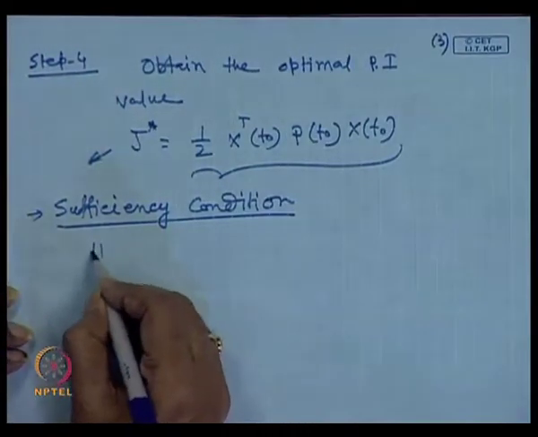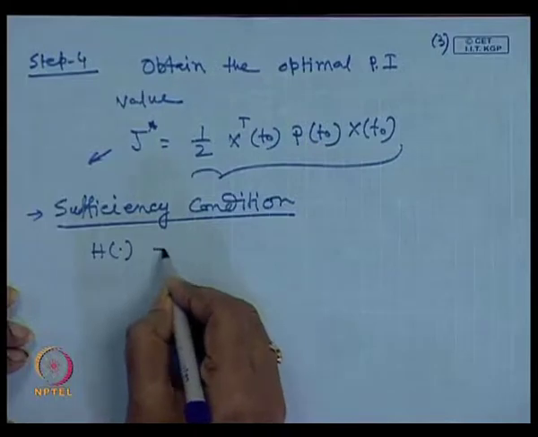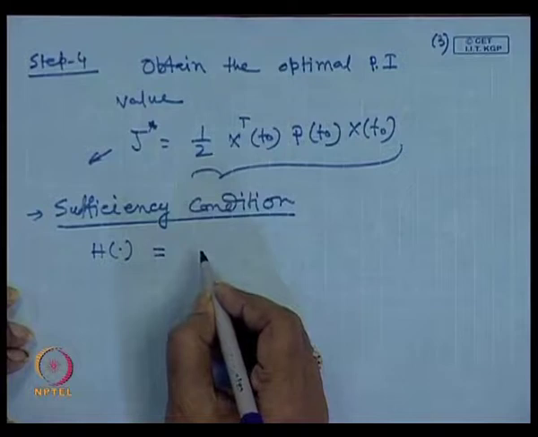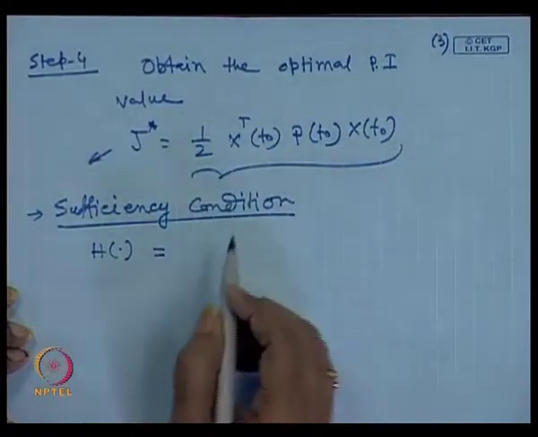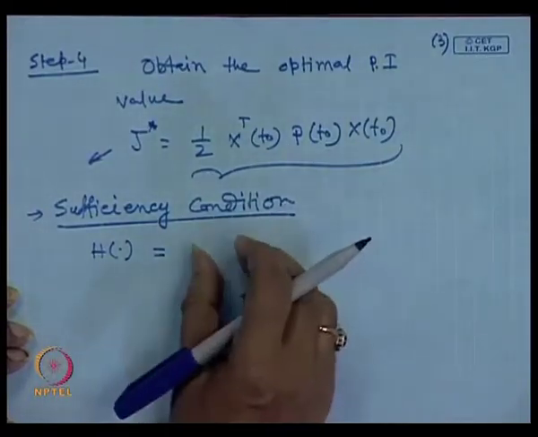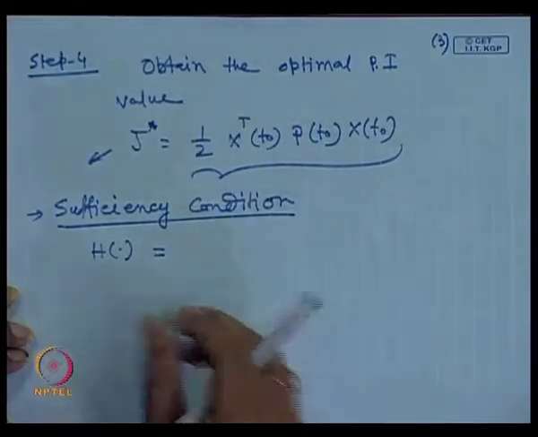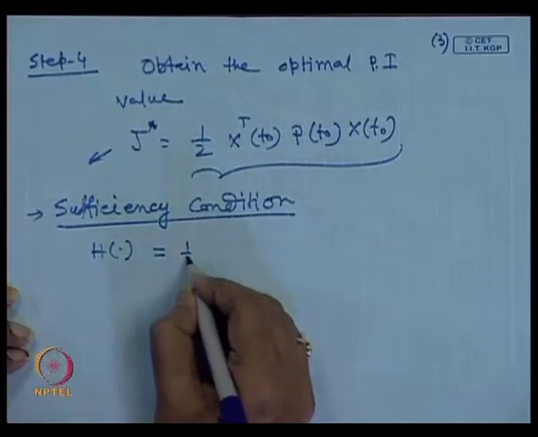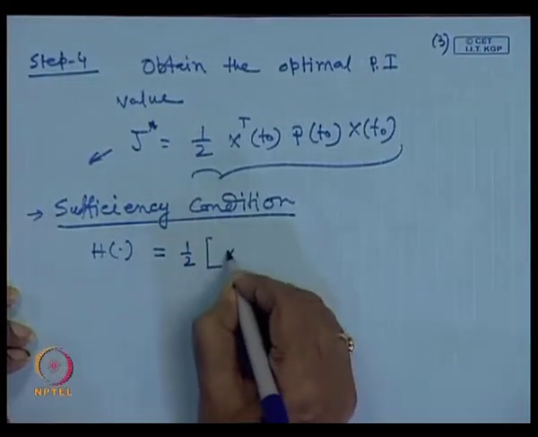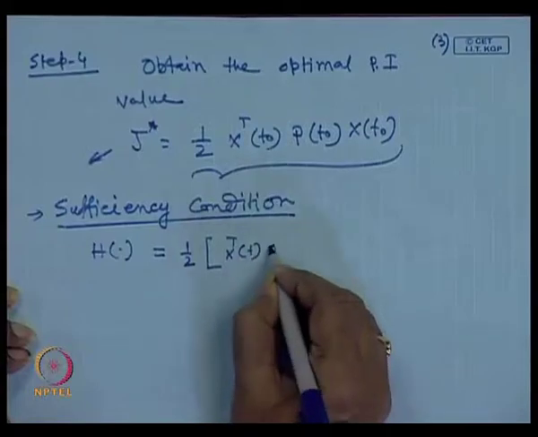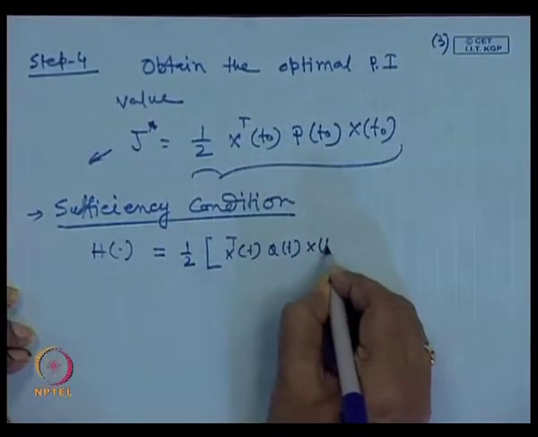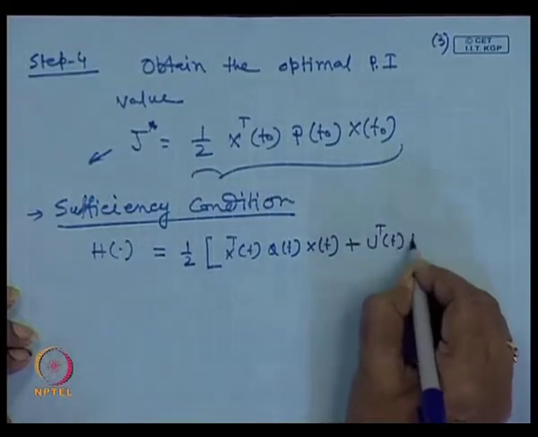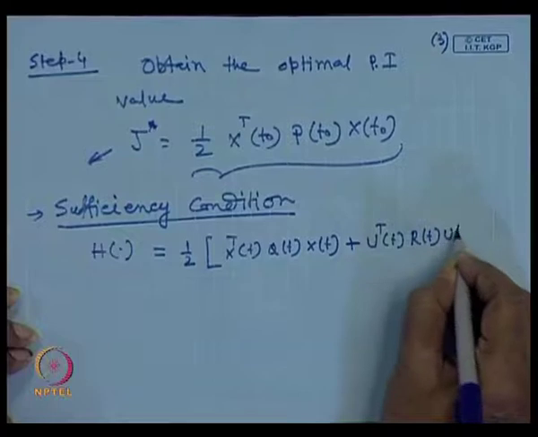If you recollect, our Hamiltonian is formed from the system matrices knowledge and also the performance index, state weighting matrices and input weighting matrices expressions. So, this is half x transpose of t, Q of t, x of t plus u transpose of t, R of t, u of t.